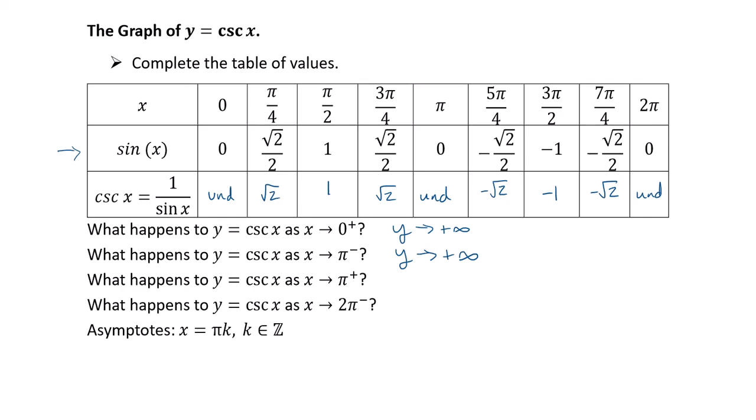And what happens to cosecant of x as x is approaching pi from the right hand side? Y is approaching negative infinity. And when we have x approaching 2 pi from the left hand side, y is approaching negative infinity. And my asymptotes are going to be x equals pi k, where k is an element of the integers.